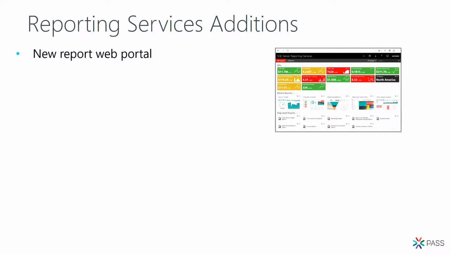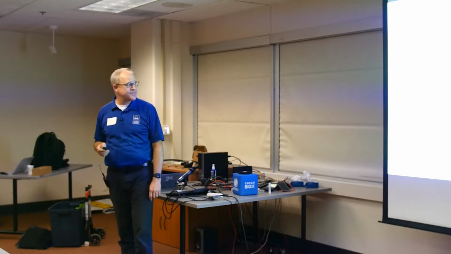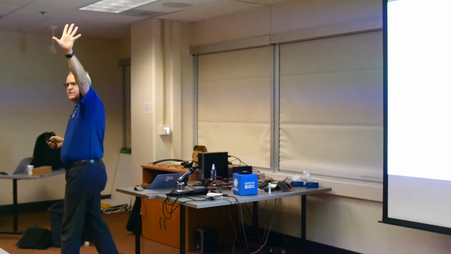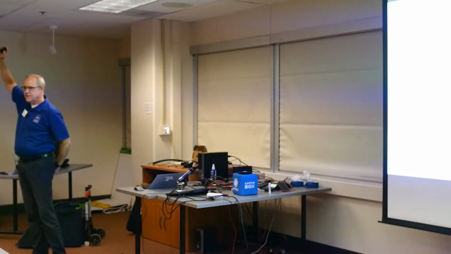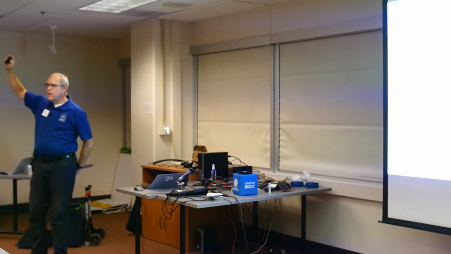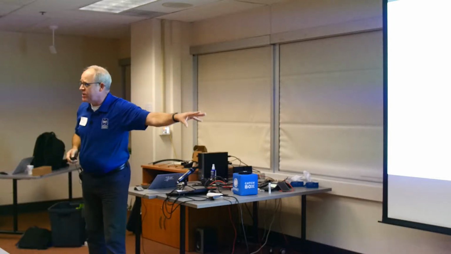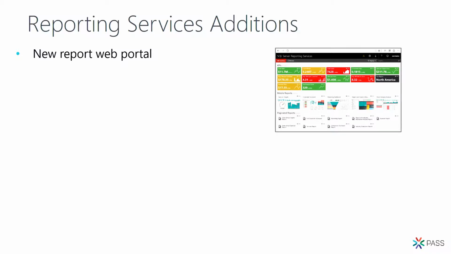All right. So a quick summary of reporting services improvements introduced in 2016. New report web portal. So who's using reporting services, well, prior to 2016? Who's using versions of reporting services prior to 2016? And then who's using 2016? OK, so this is the first thing that you'll notice, is that when you go to http://server name/reports, it doesn't look like Report Manager anymore.